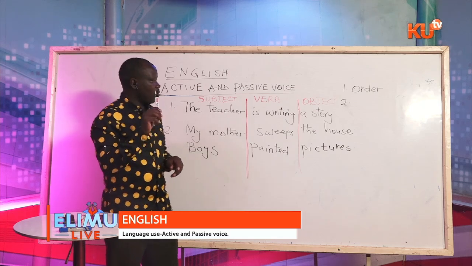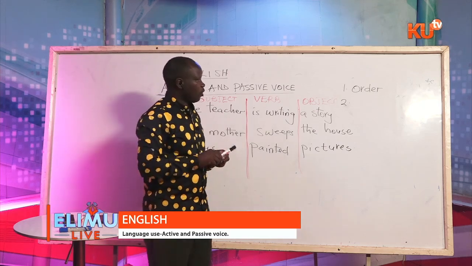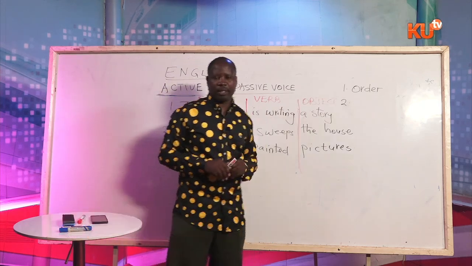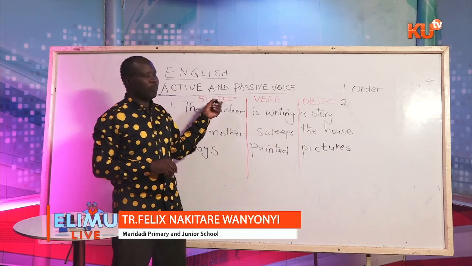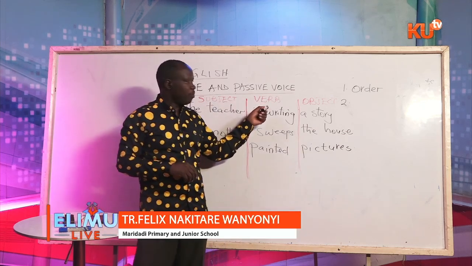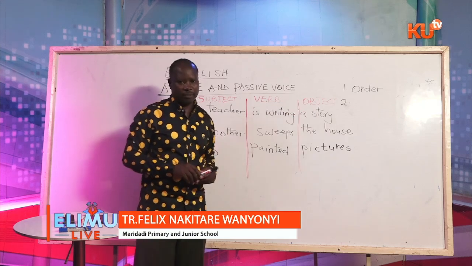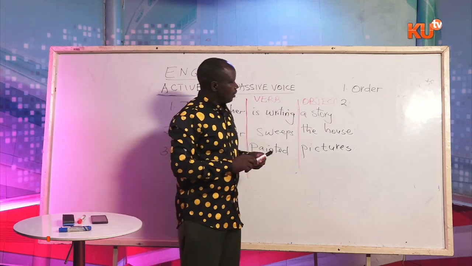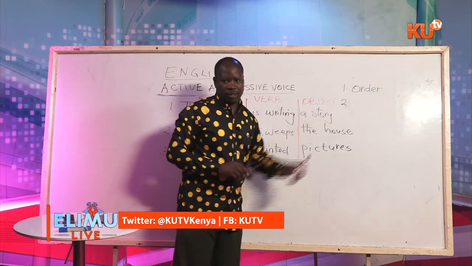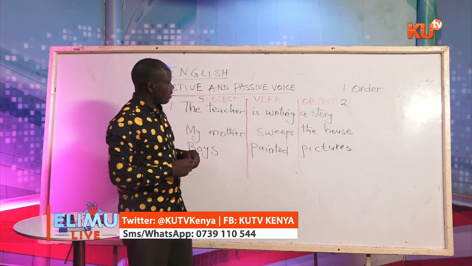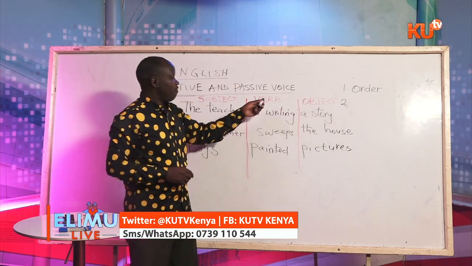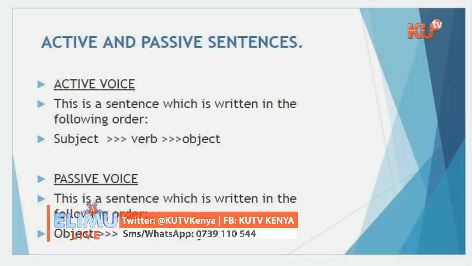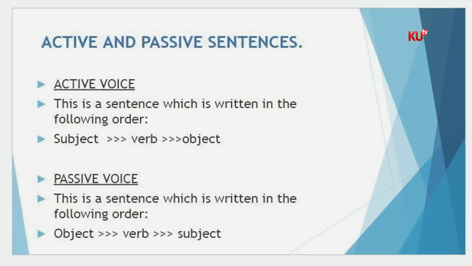That is number one, very important. Remember, in the active voice, the order is subject, followed by verb, and lastly, object. While in passive voice, we shall start with object, followed by verb, and finally subject.